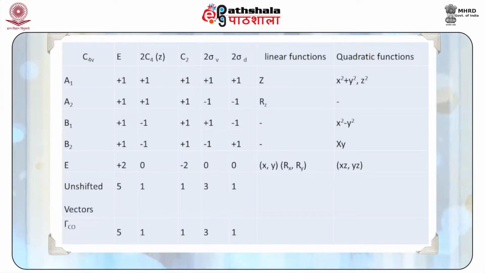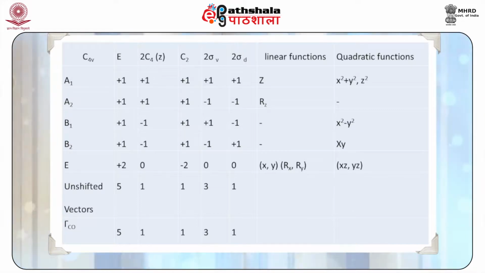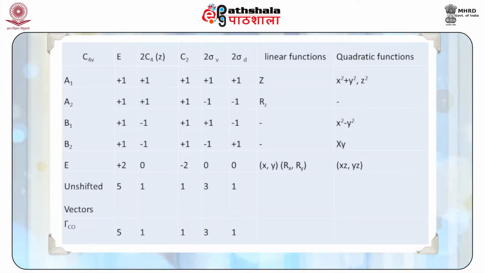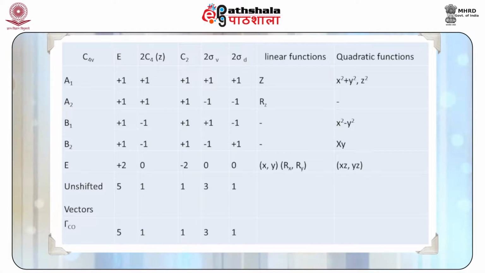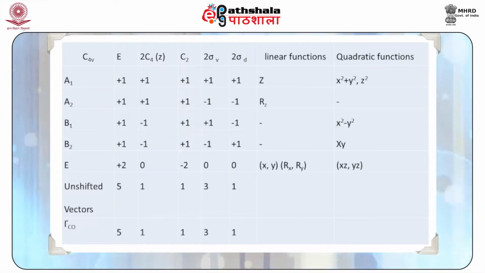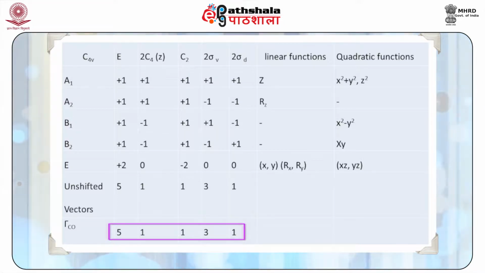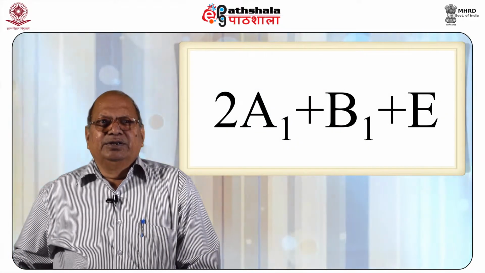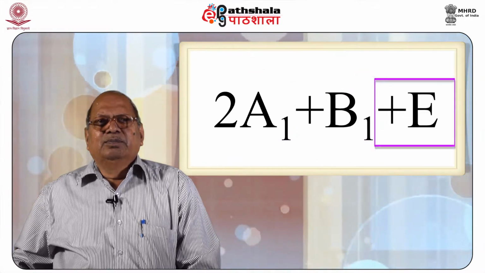Under sigma v, 3 bond vectors are not shifted, and under sigma d, 3 bond vectors are not shifted, meaning it contains 1 axial Fe-CO and 2 horizontal Fe-CO bonds. The character for the CO representation is 5, 1, 1, 3, 3, and this can be reduced using the C4v character table to 2A1 plus B1 plus E modes.